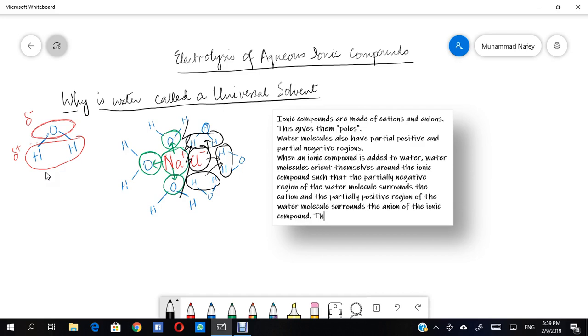Full stop. This creates a tug of war situation between the different water molecules.